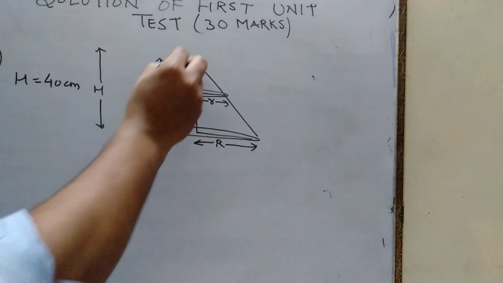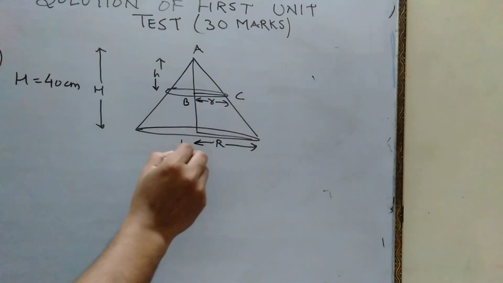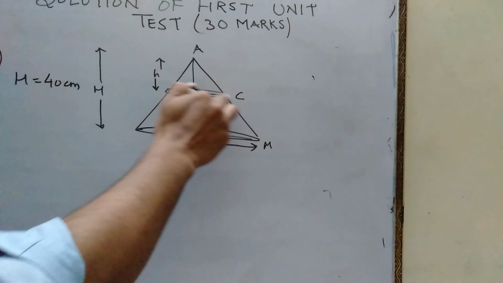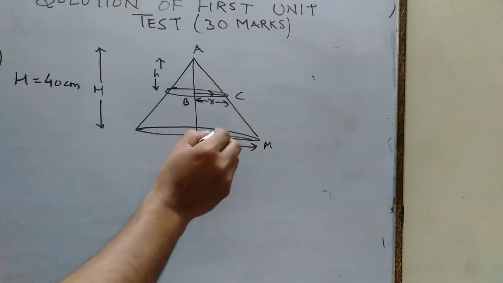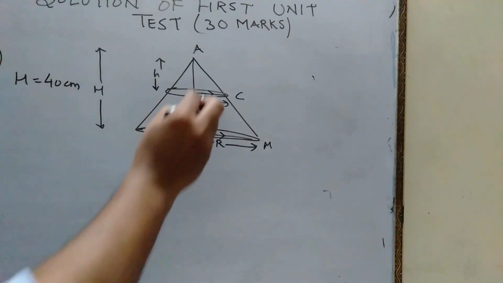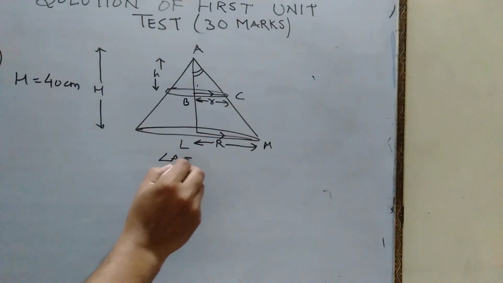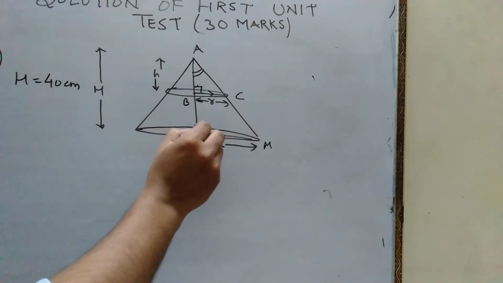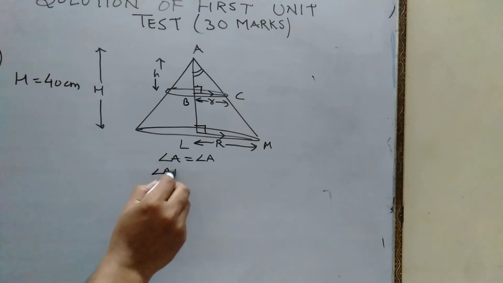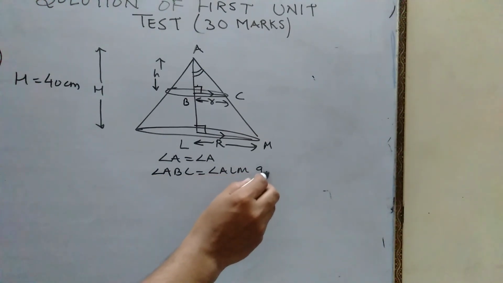Here we have two triangles, ABC and ALM. These two lines are parallel, as given, so angle A will be common for both triangles. Angle A is equal to angle A, and angle ABC is equal to angle ALM, both 90 degrees.